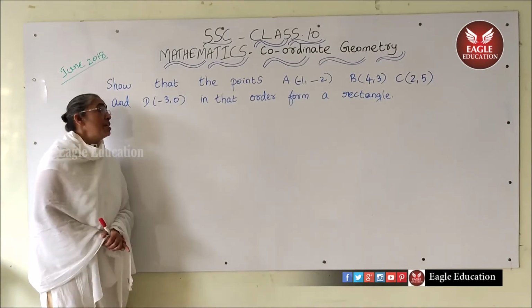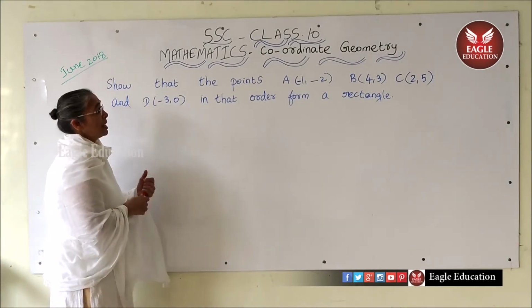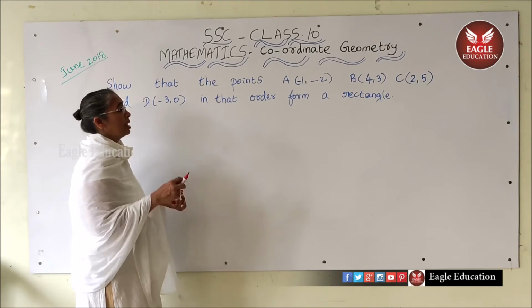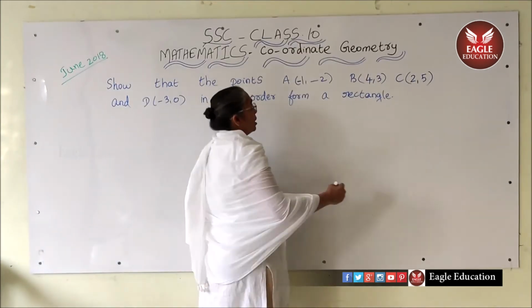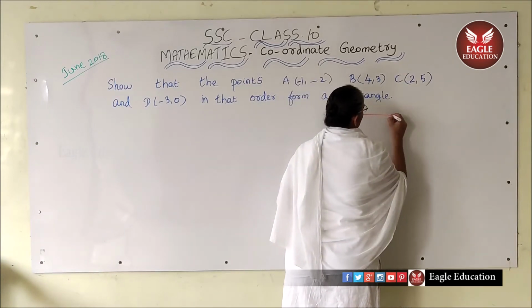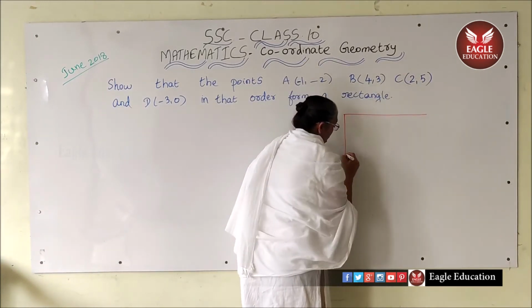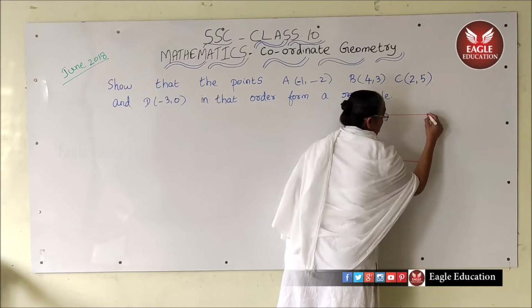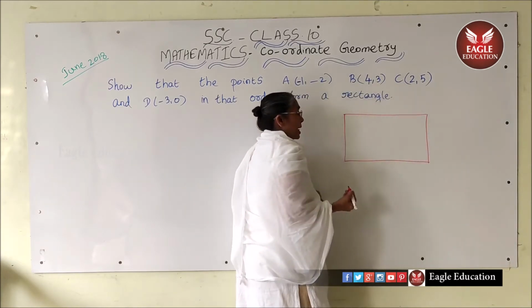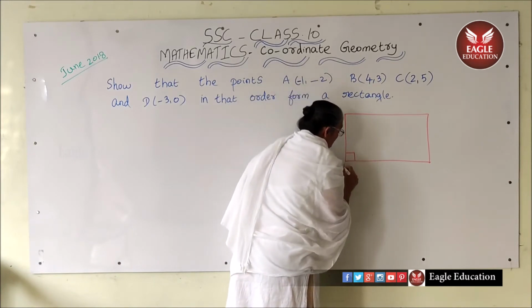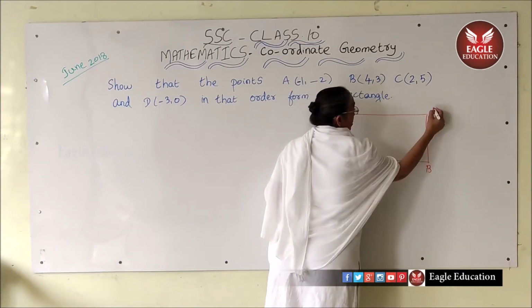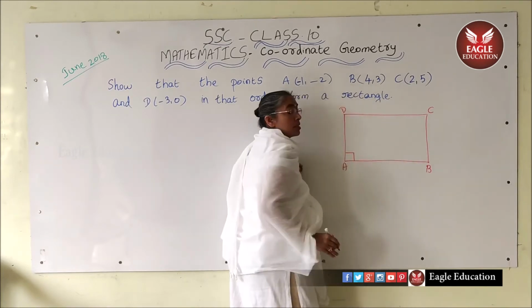Now next question. Show that the points A -1, -2, B 4, 3, C 2, 5 and D -3, 0 in that order form a rectangle. Any quadrilateral is said to form a rectangle if its opposite sides are equal and each angle is 90 degrees. Even you know the diagonal properties.